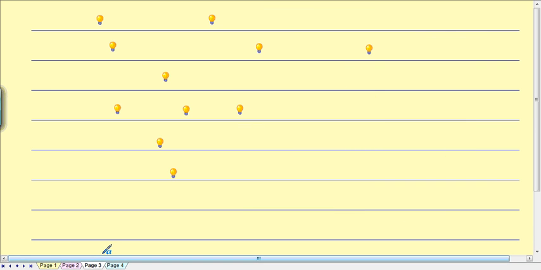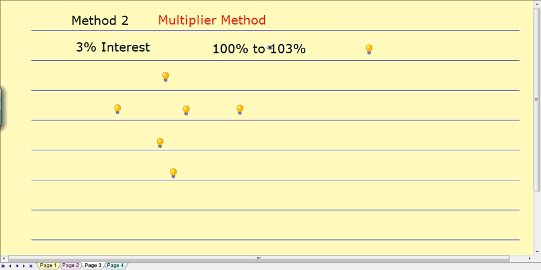Now, that was the step-by-step method. There is a shorter method of doing this, and that shorter method, method 2, is the multiplier method. And how this works is, we've got our 3% interest that we're getting paid each year, and we look at this like this. Initially we have 100% of our principal, and we're growing that by 3%, so we go to 103%.